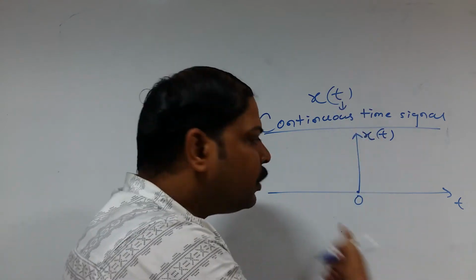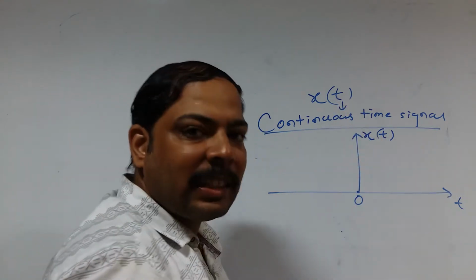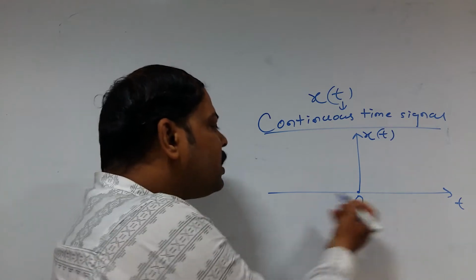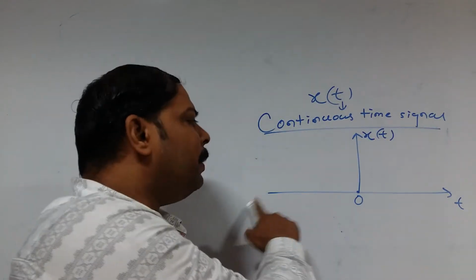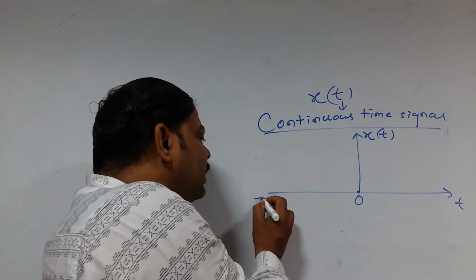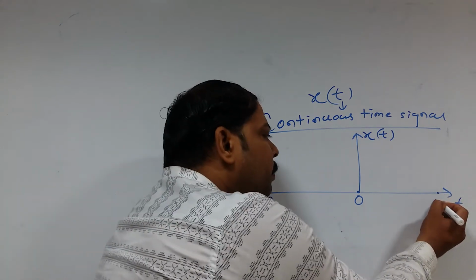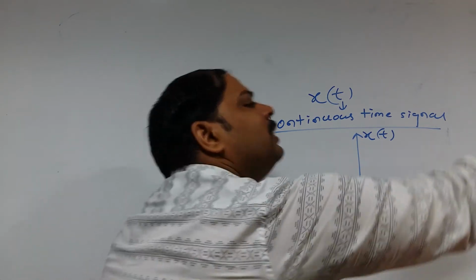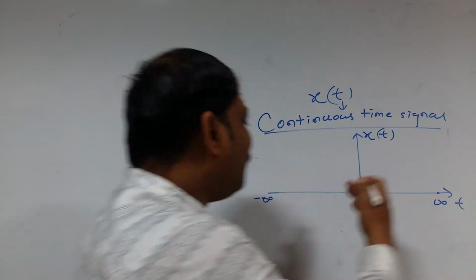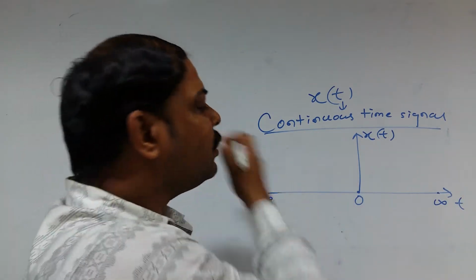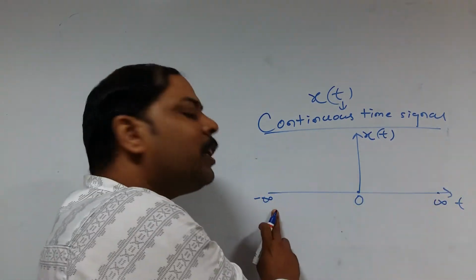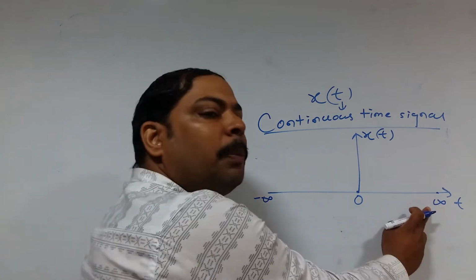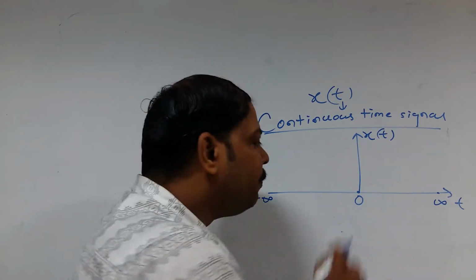This is the t axis, this is your x axis. Here you consider time from minus infinity to plus infinity. Let us consider this particular point as minus infinity and this particular point as plus infinity.